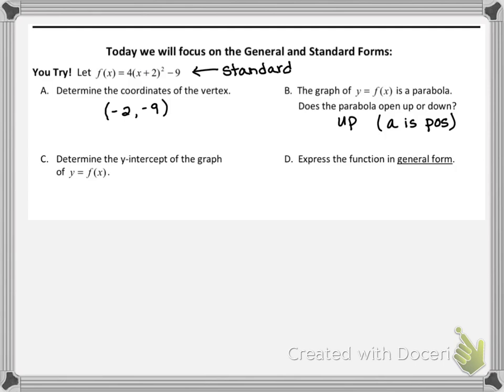So we are going to evaluate f of 0. We're making our x value, our input, 0. So we've got f of 0 equals 4 times (0 plus 2) squared minus 9.